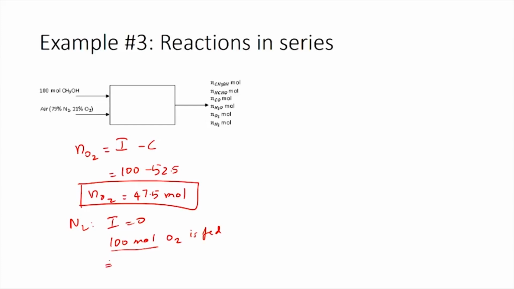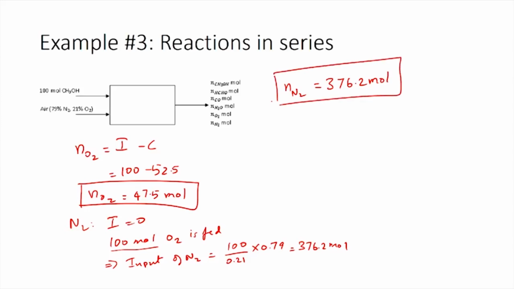So, based on that information we can calculate the input of nitrogen as 100 divided by 0.21 times 0.79, which gives us a value of 376.2 moles. So, N nitrogen which is leaving the system would be equal to the input, which is 376.2 moles. Now that we have the number of moles for each of the components in the system, we have to now calculate the mole fractions for this.